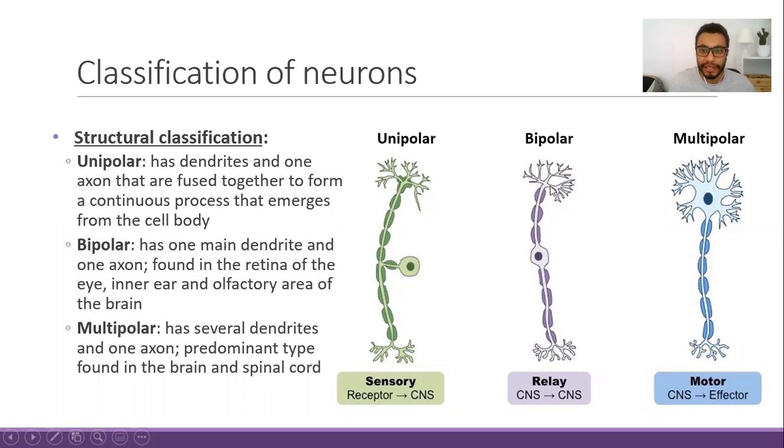The first one here, the unipolar, has dendrites and one axon that are fused together to form a continuous process that emerges from the cell body. Everything is fused together here and forms a continuous process.